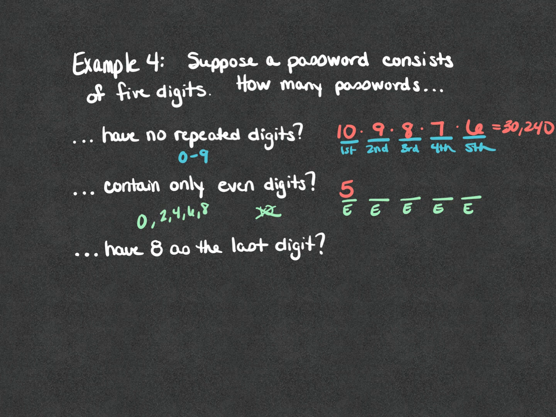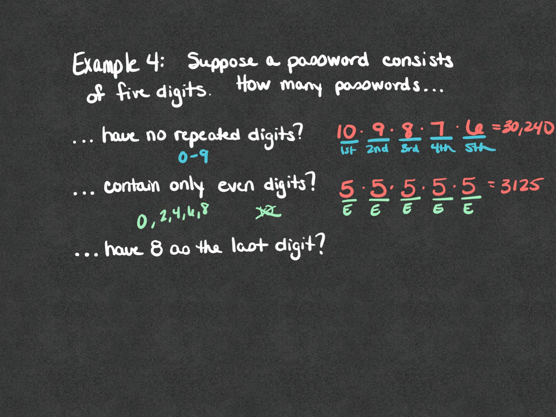For the next digit, again, we want it to be even, and it does not say we cannot repeat. It does not say no repeated digits. So once again, there are 5 different even digits. That would be the case for the 3rd digit, as well as the 4th, as well as the 5th. And so when we multiply all of those 5s together, we get 3,125 different passwords that could only contain even digits.